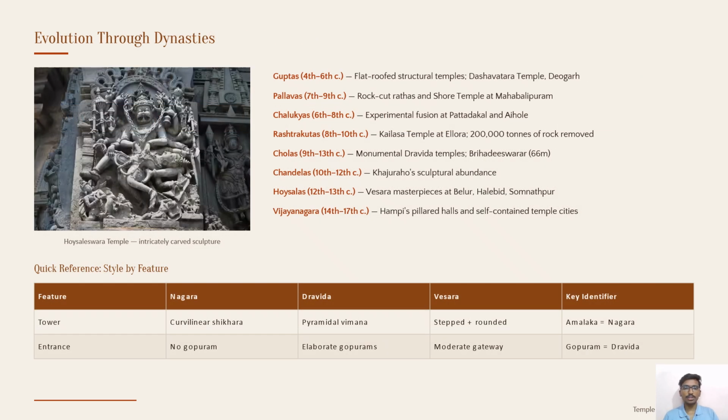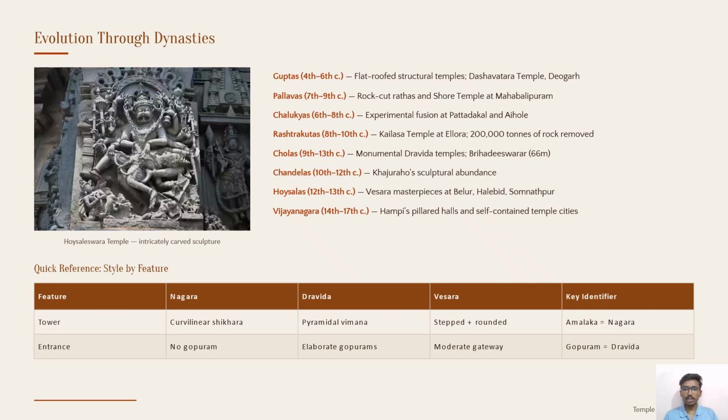Evolution through dynasties. Guptas: flat-roofed structural temples. Pallavas: rock-cut rathas and shore temples at Mahabalipuram. Chalukyas: experimental fusion at Pattadakal and Aihole. Rashtrakutas: Kailasa temple at Ellora, 2 lakh tons of rock removed.